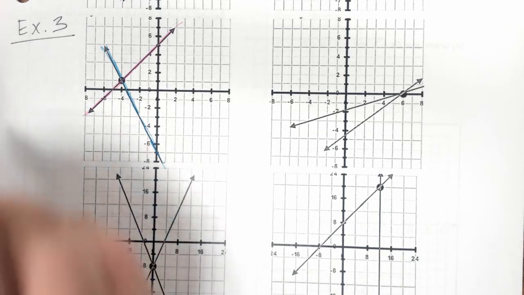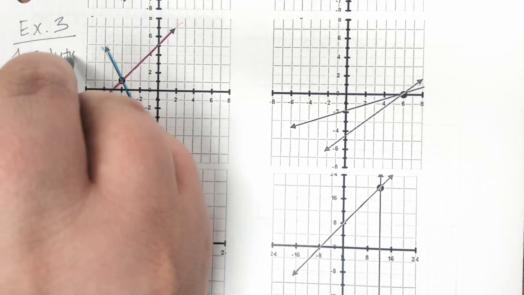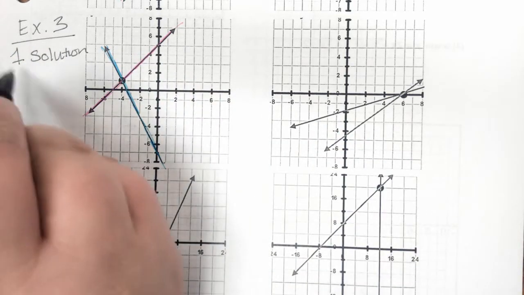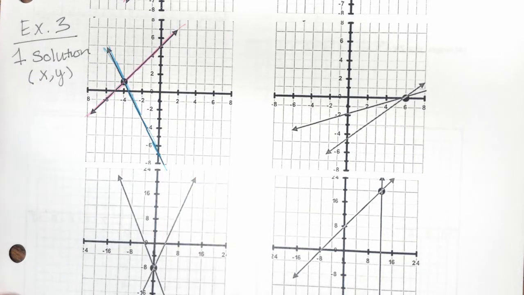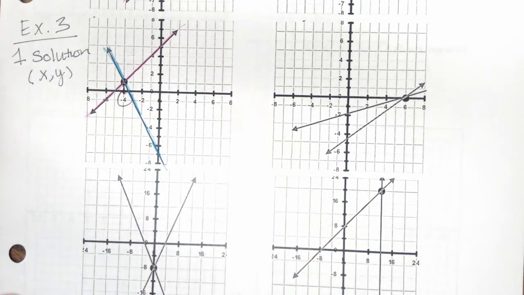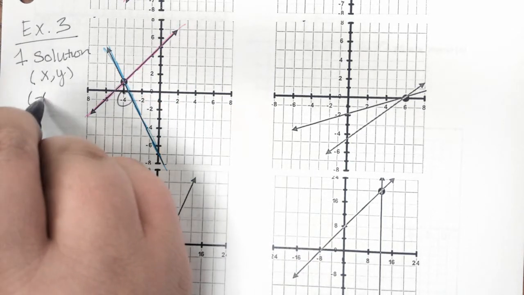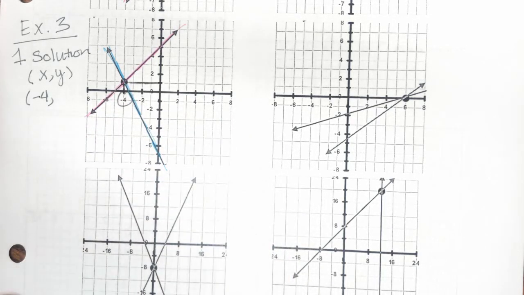Since I can see the one intersection, I know that this is a system of equations with one solution. So I can write that solution as an ordered pair (x, y). The x value is -4. And the y value is 1.